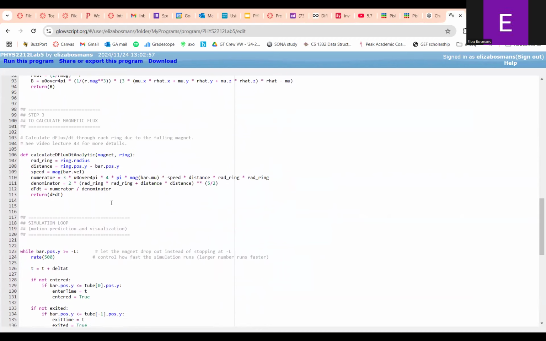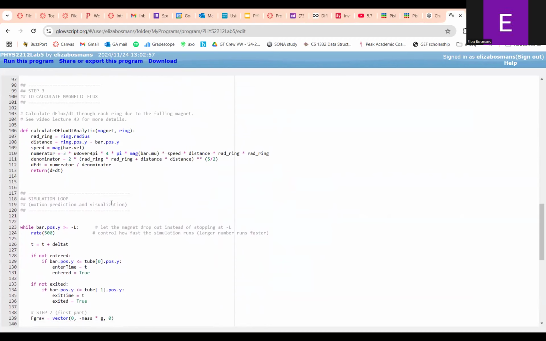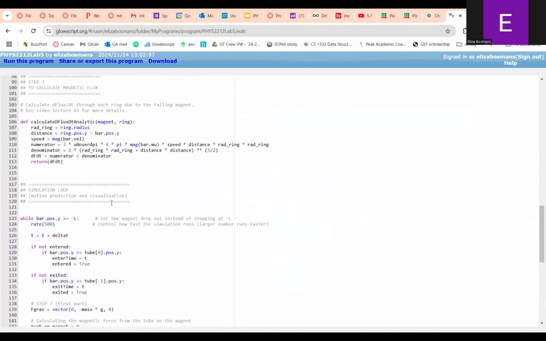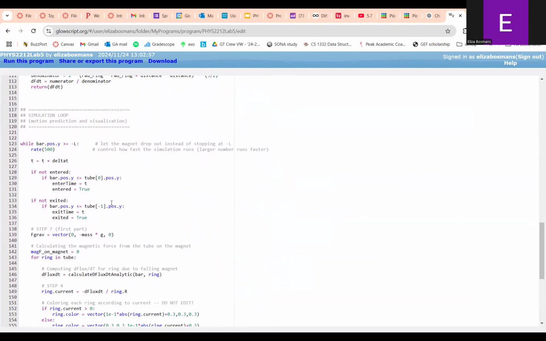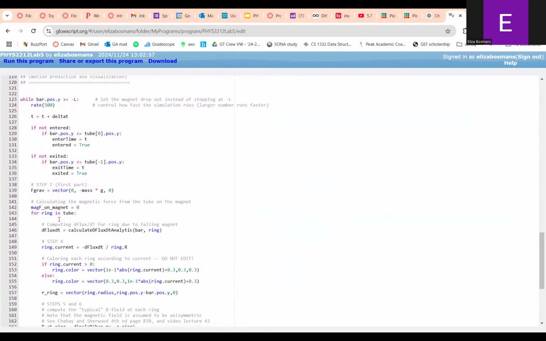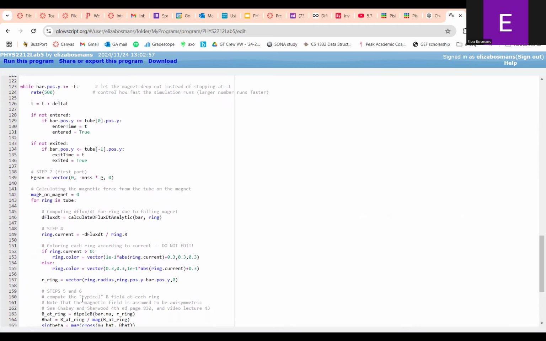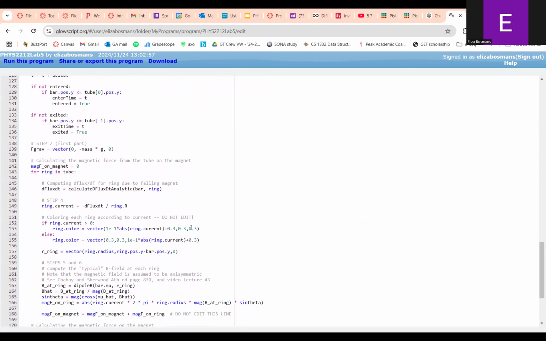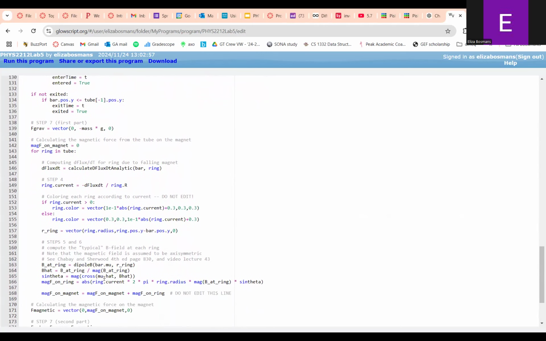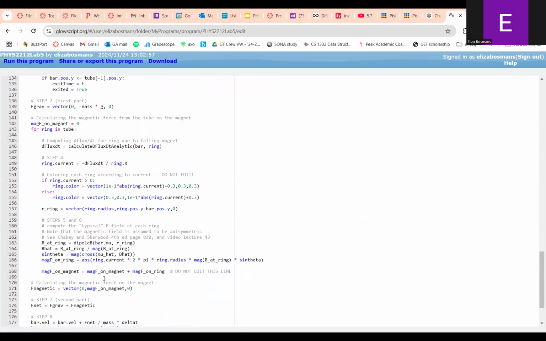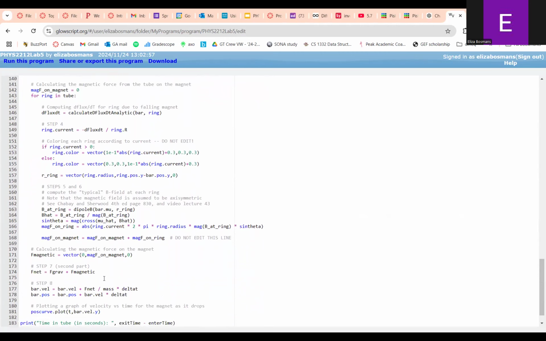This is to calculate the flux when the magnet is dropped through the stack of rings, or the aluminum tube. And this loops through for a certain amount of time, the magnet falling down the tube. And then we see here, this is computing all of the flux, the different currents, or just the current in the aluminum foil in the ring.